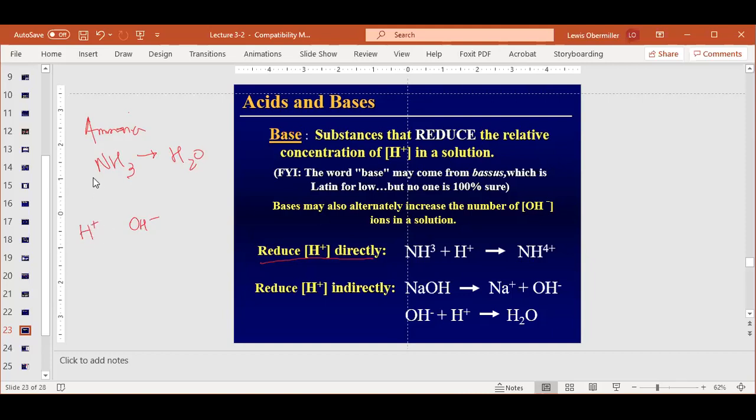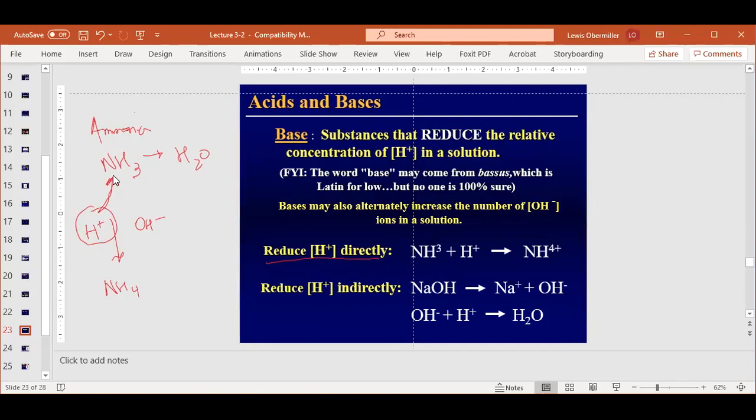What happens is when ammonia gets around H plus, it can take on another hydrogen, and so that makes it form NH4. So if it's pulling the hydrogens out of the solution, then by definition it's reducing the H pluses. And so if we reduce the H pluses directly, then what do you call it? A base. Basic.